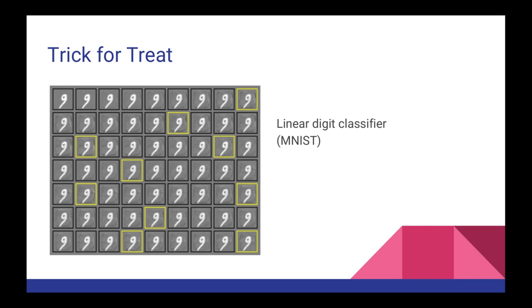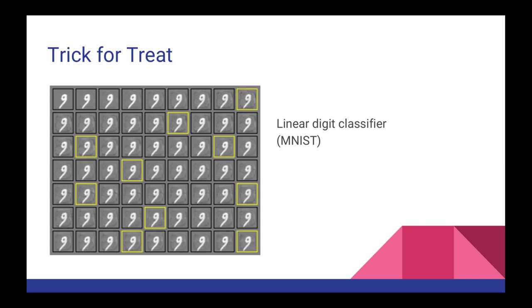What you see here is an example of how adversarial examples are applied to fool a linear digit classifier. It's actually an MNIST classifier. The row in this image represents the target class, so it's a targeted adversarial example attack. In the first row, the last 9 contains noise, perturbations that aren't perceptible to us as human beings, but those perturbations actually make the linear digit classifier classify the last 9 as a 0.